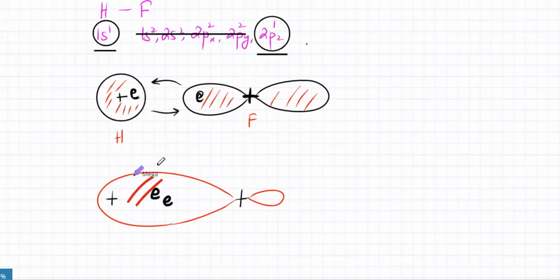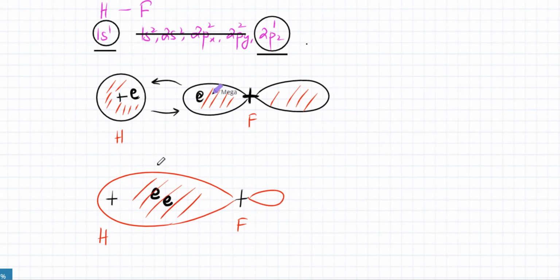Their negative charge would be distributed mostly in this middle area. This is the fluorine atom nucleus, and this is the hydrogen atom nucleus. The probability of the electron going to the other side would decrease. This lobe would shrink.